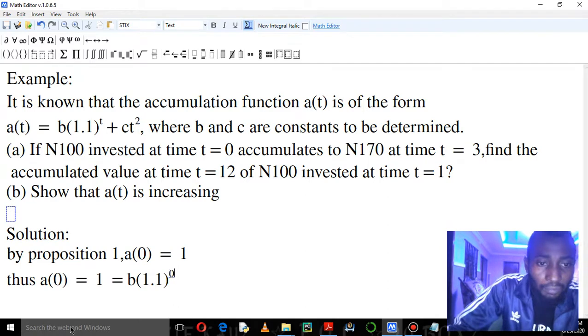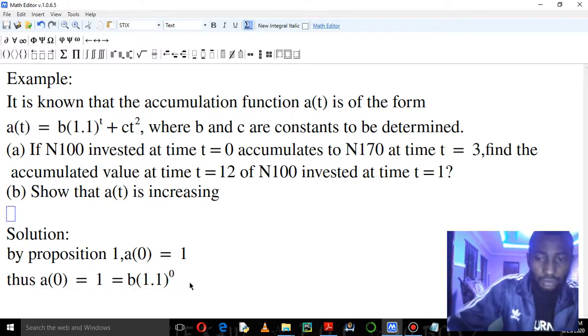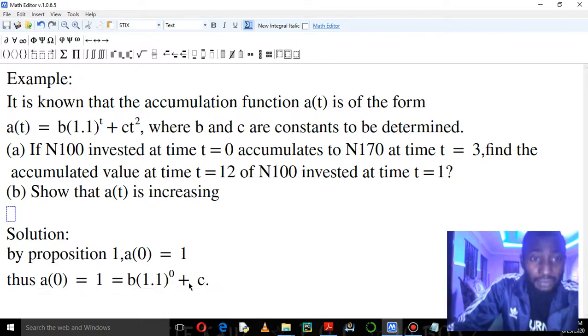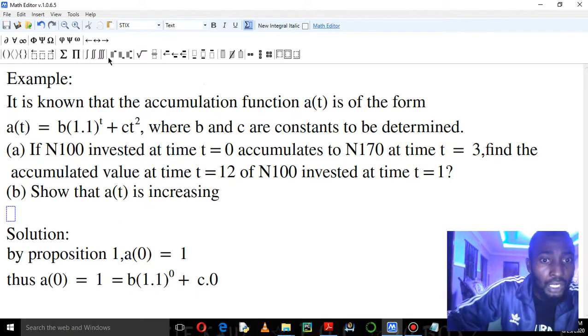So this one will be raised to power zero, then plus c. Anytime we see t, we put zero. The dot means multiplication. So c dot zero square.